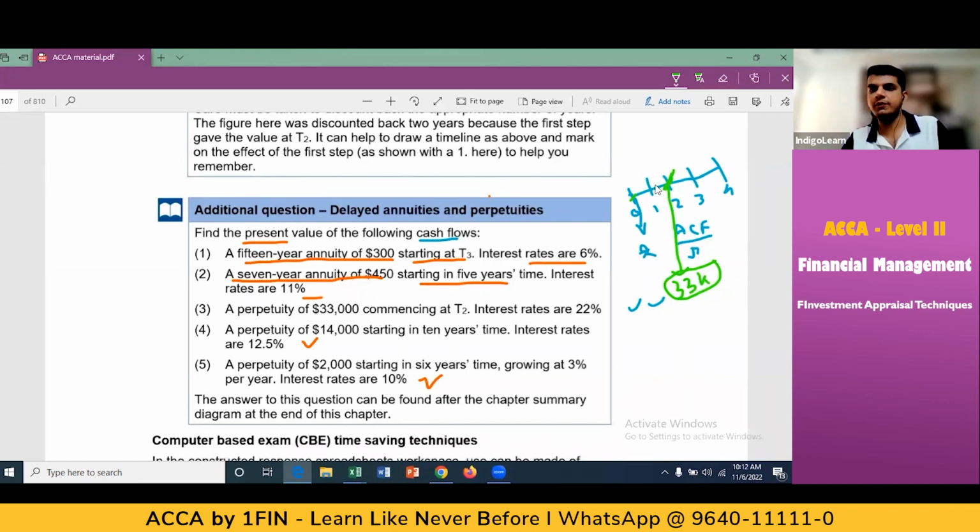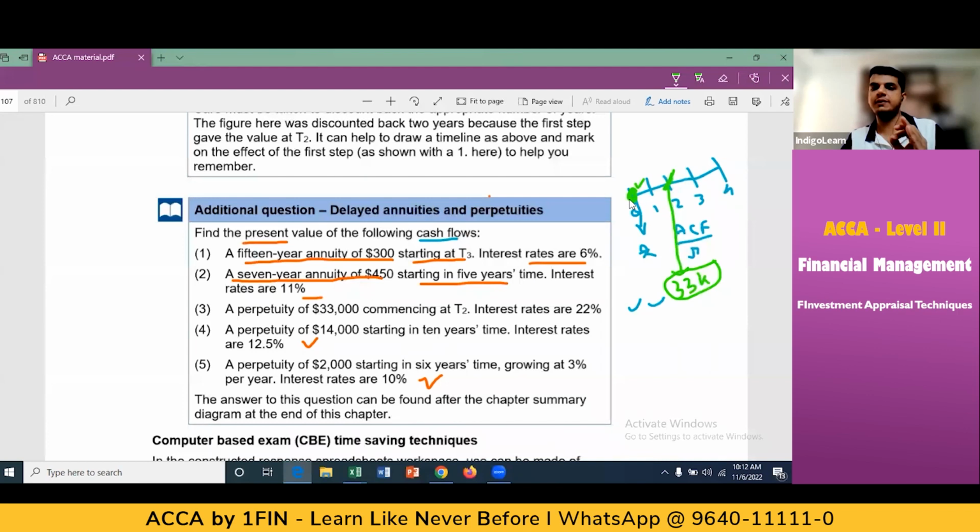So you will get the cumulative bucket over the years at the beginning of year 2 or at the end of year 1. Because here also, if it starts from year 1, you get the present value by this formula at year 0 or year 1 beginning.